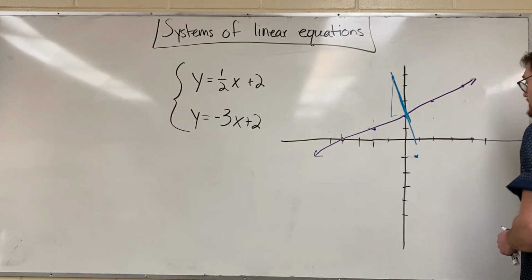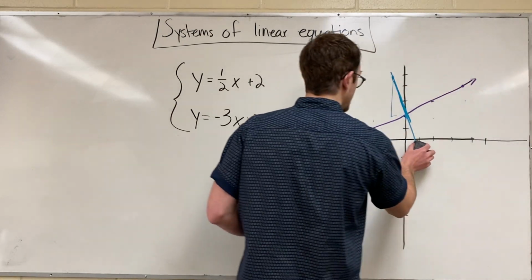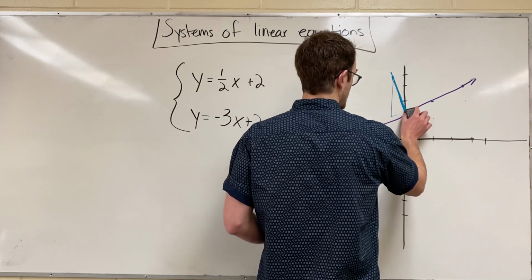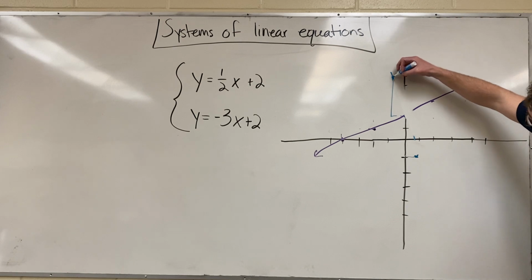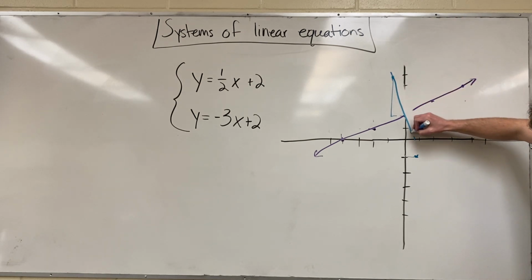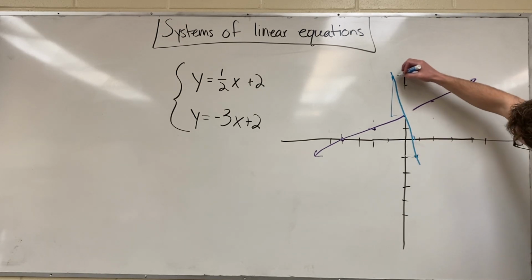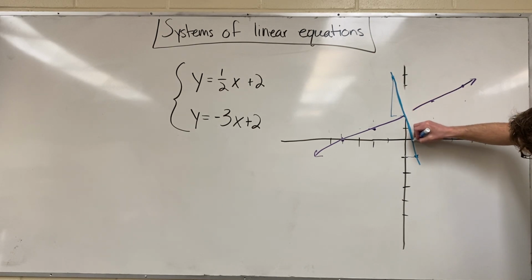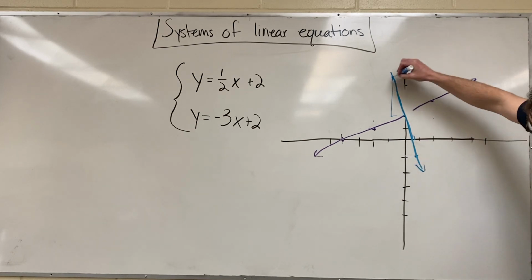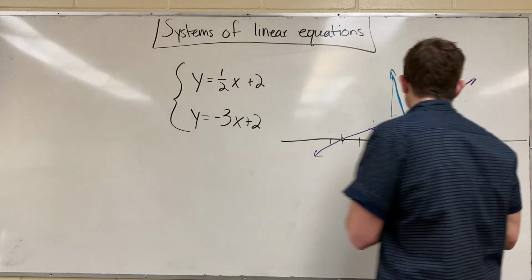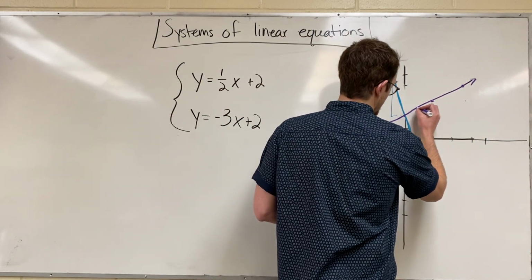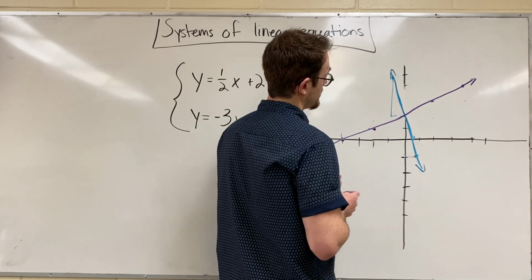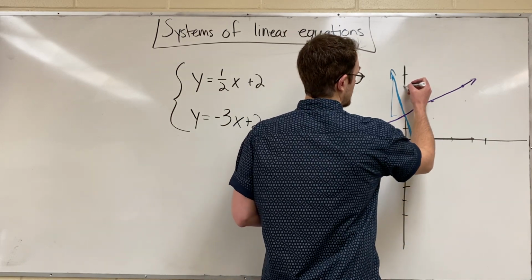I cannot draw a straight line to save my bloody life. Usually I can. What's going on? That is so bad. All right, let's get this purple back in here. Man, that was not good.